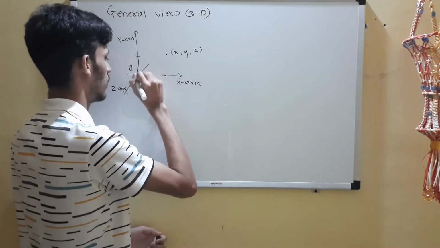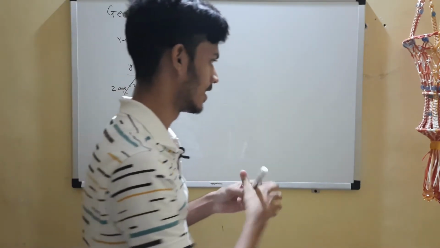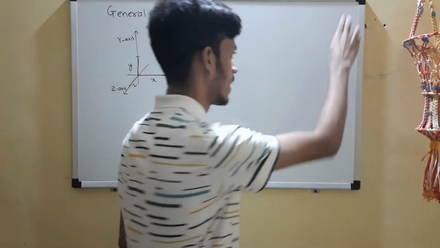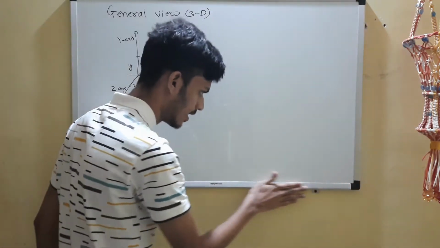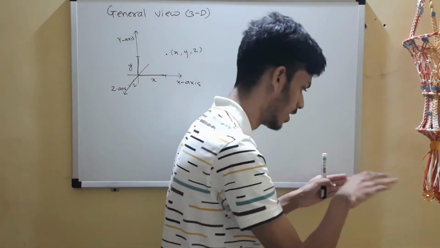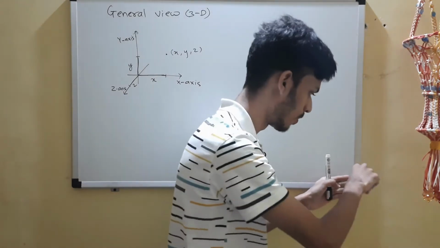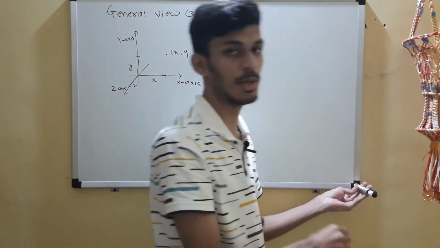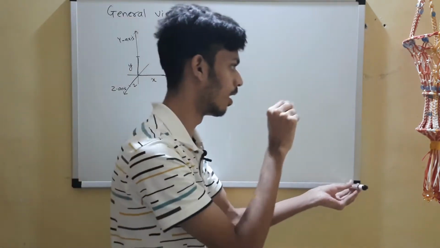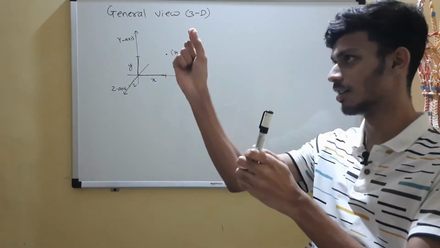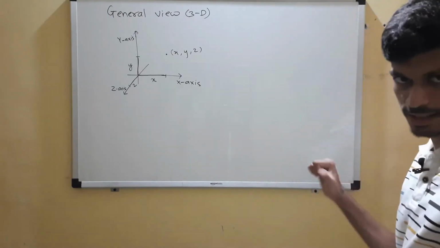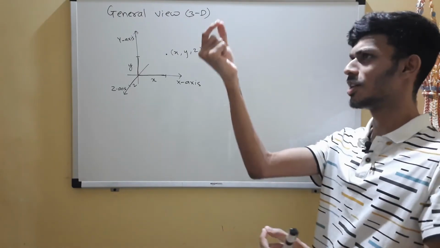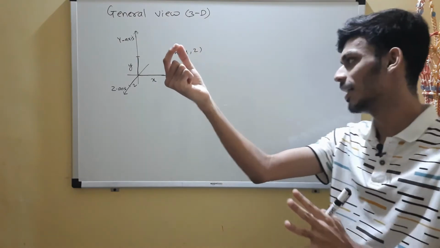If you have a hard time visualizing that, let's come here. We'll choose this line to be our y-axis, this line is our x-axis, and imagine a line coming towards you from here, which will be our z-axis. Now picture a point somewhere here, x, y, z, with this as the origin.